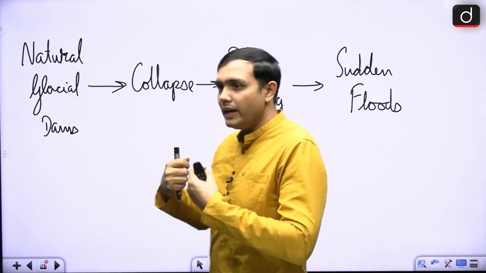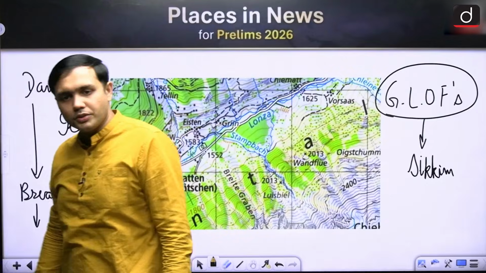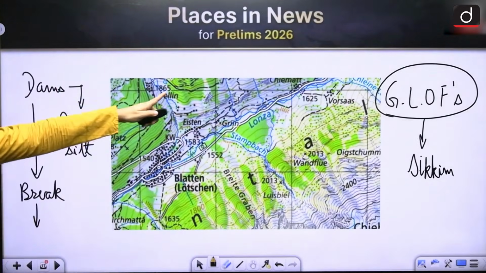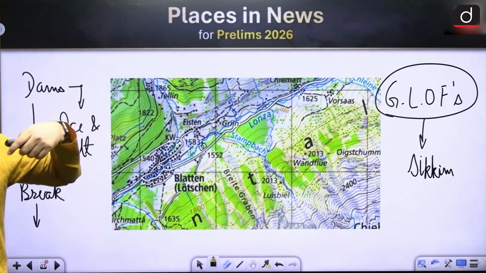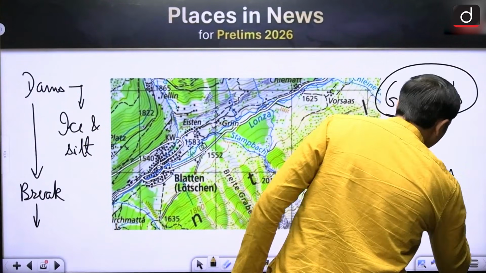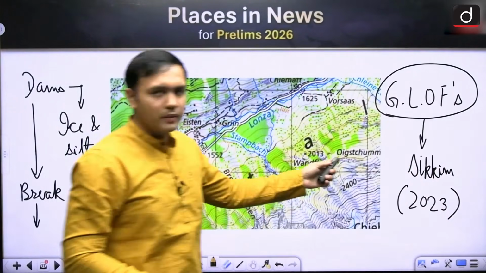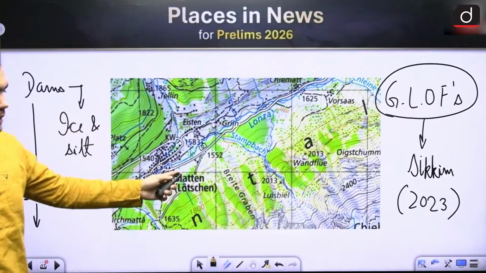That is why it is called an outburst. We saw this in Sikkim in 2023. This time in Switzerland it has happened near Blatten.